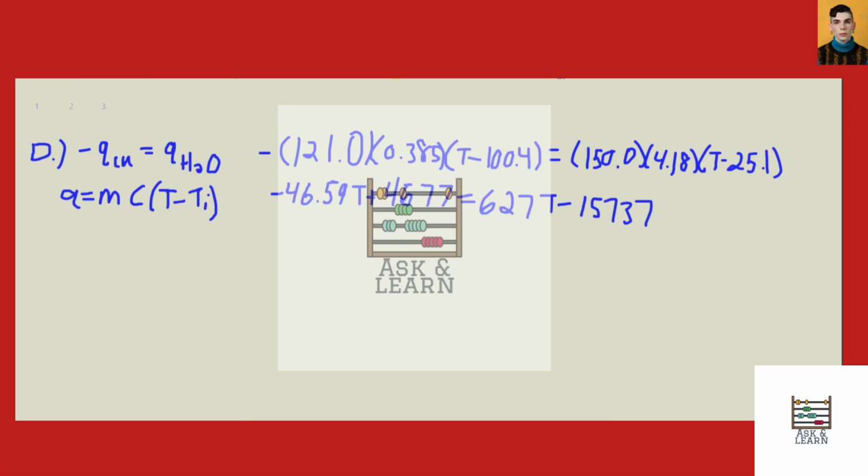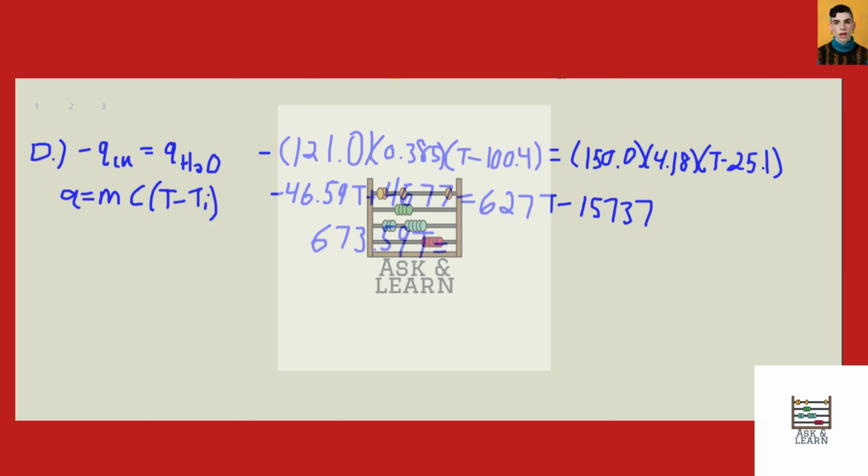Then we have 673.59 T is going to be equal to 4,677 plus 15,737.